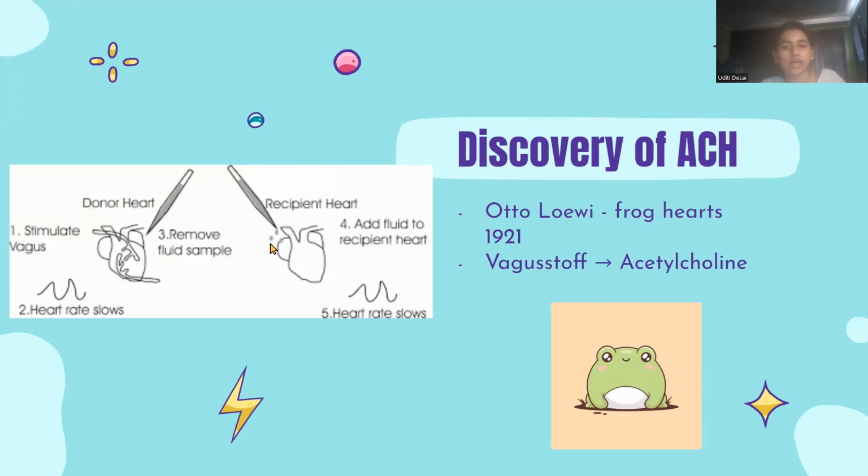And he noticed that the second heart, with no electrical impulses, just the same bathing solution, had a heart rate that was slowing down. And this is how he discovered acetylcholine. At first he called it the vagus stuff, I believe because of the vagus nerve. And now the modern version of that is called acetylcholine, and I thought that was pretty interesting.